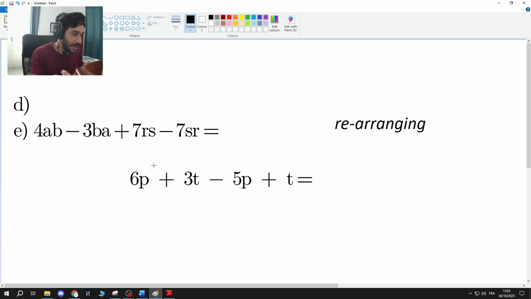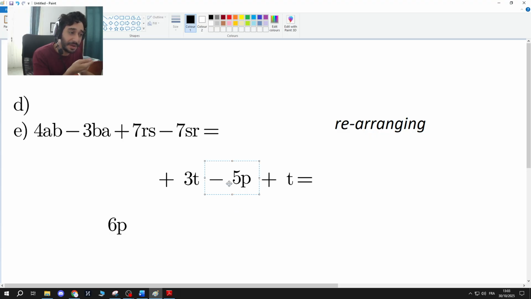So let me just grab 6p. Now, I'm going to grab the other p, right? Now, a lot of you would just grab this, place it here, but what's missing? When you rearrange variables, numbers, anything in an expression, always carry the sign to its left.